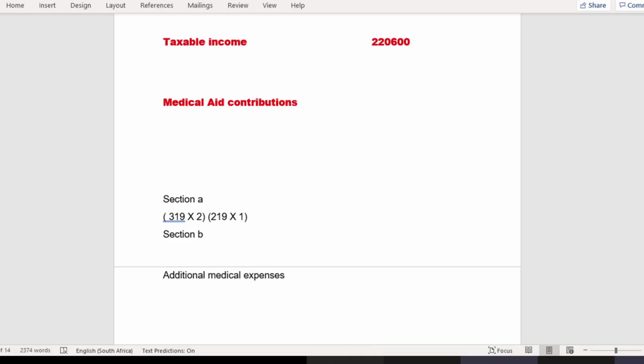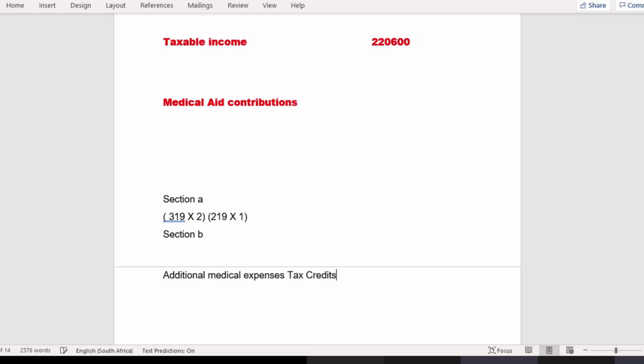Okay. So we did the medical aid scheme total contributions and the additional medical expenses tax credit. That's what we're going to be doing. So we have to first calculate excess. Do we have excess? I don't think we have excess.